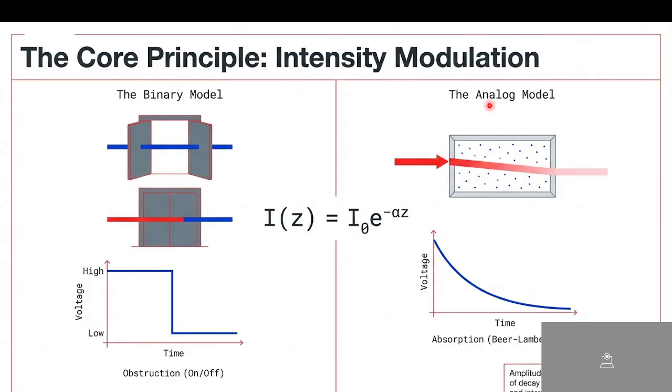So there are two kinds of models. One is the digital or binary model, another is the analog model. In the digital model, you have a kind of door where the light is coming inside, and if you suddenly close the door, the input light will stop exactly at that time.